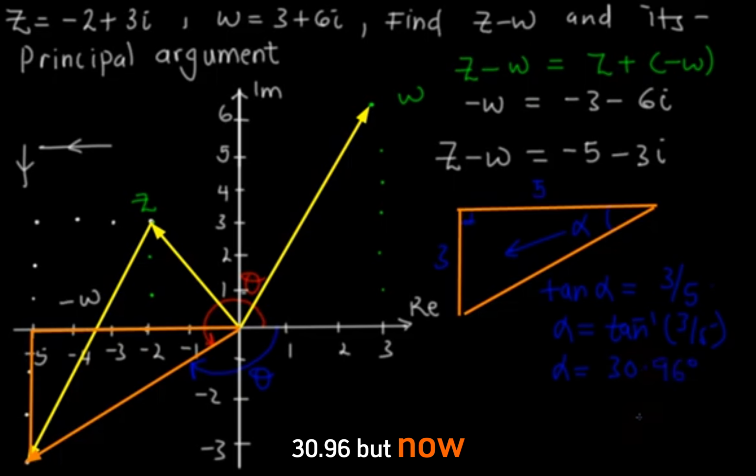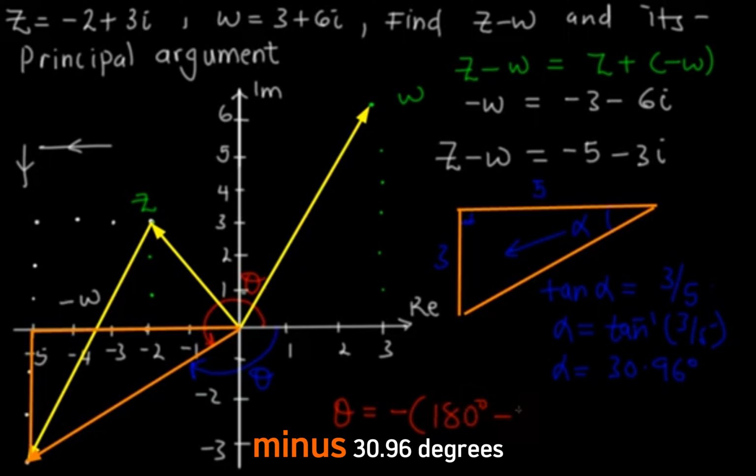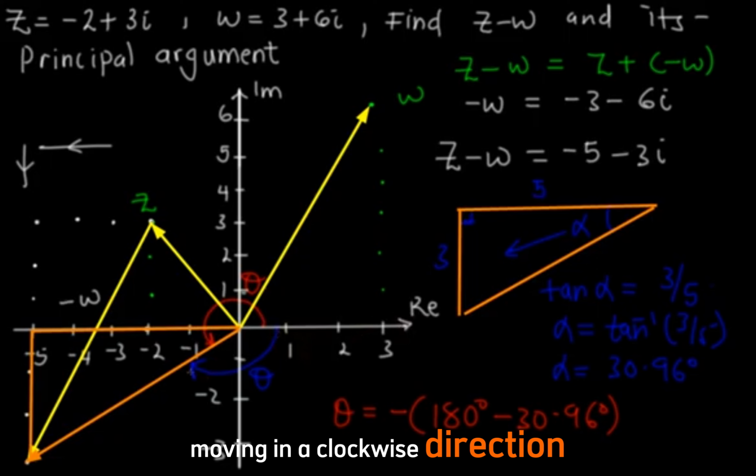30.96 degrees. But now also remember that this alpha is not our principal argument. Alpha just enables us to obtain our principal argument. So we are going to say theta is equal to negative of 180 degrees minus 30.96 degrees. I'm taking a negative, reason being I'm starting from the positive real axis, moving in a clockwise direction.